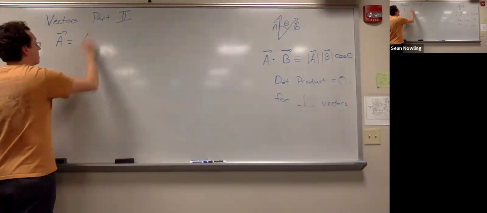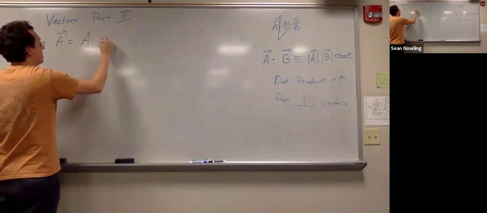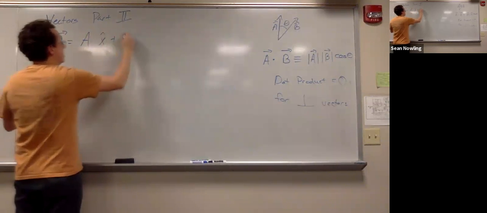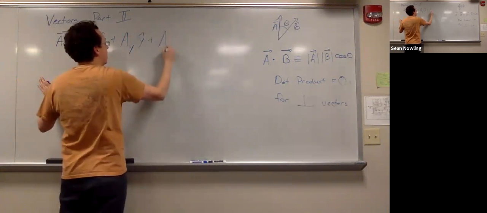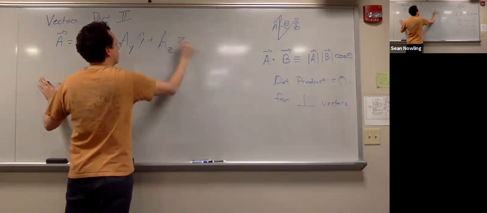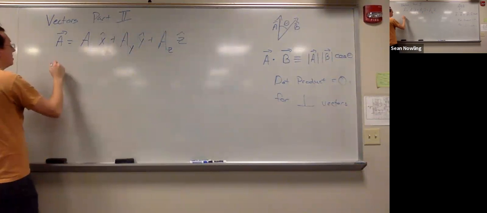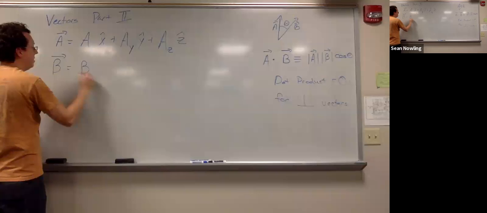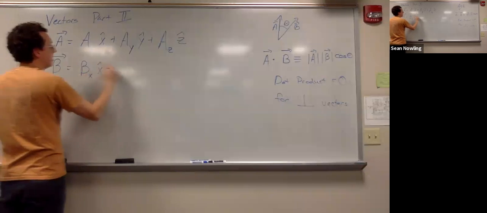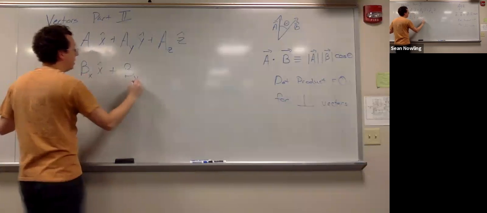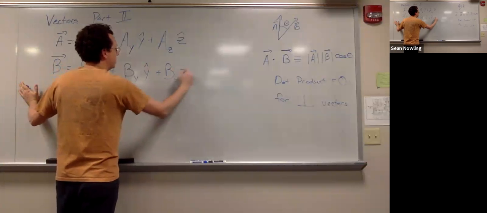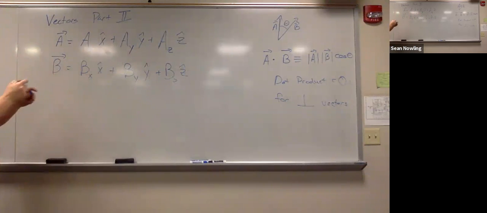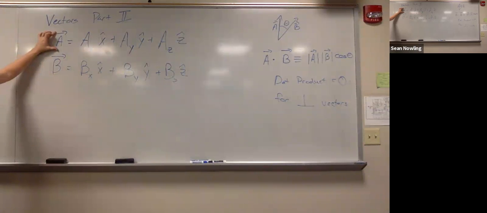It has an x component, ax times x hat, plus ay times y hat, plus az times z hat. And let's suppose I have another vector, B, which equals bx times x hat, plus by times y hat, plus bz times z hat.